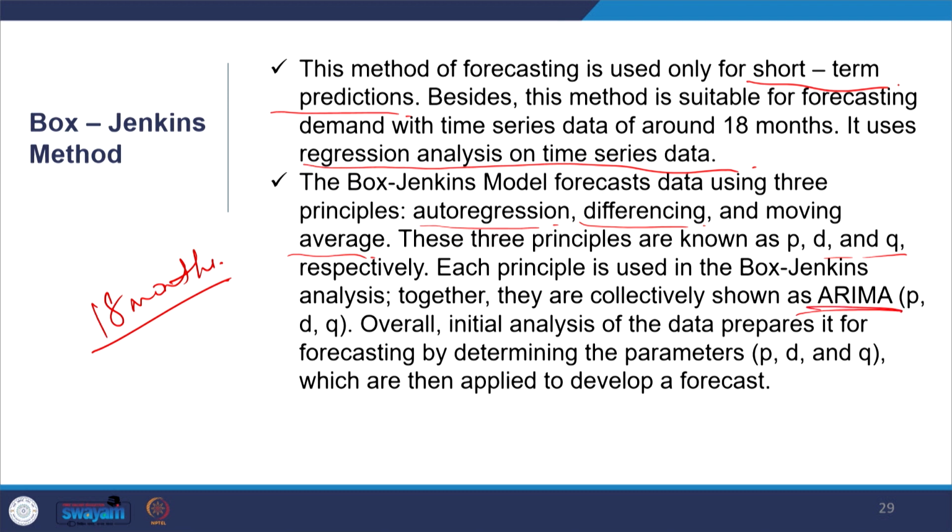You must have heard about the autoregressive model. So, it tries to calculate these three points: what the auto regression is, what the differencing is, and finally what the moving average is. By understanding these values, we use Box-Jenkins. This is one method, but it is used for short term data forecasting purposes.